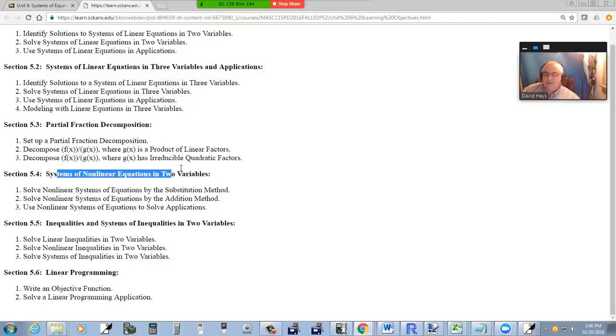And now let's take a look at systems of nonlinear equations in two variables. Now there's a substitution method and there's also the addition method.